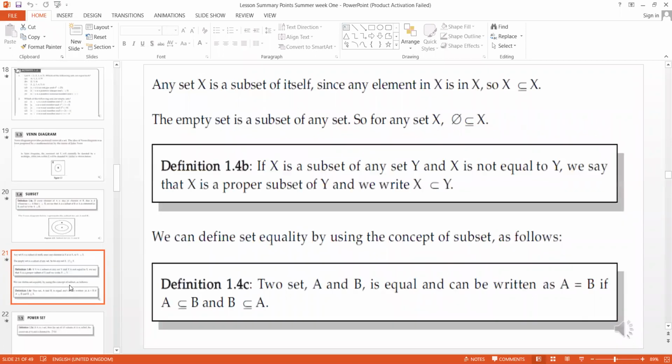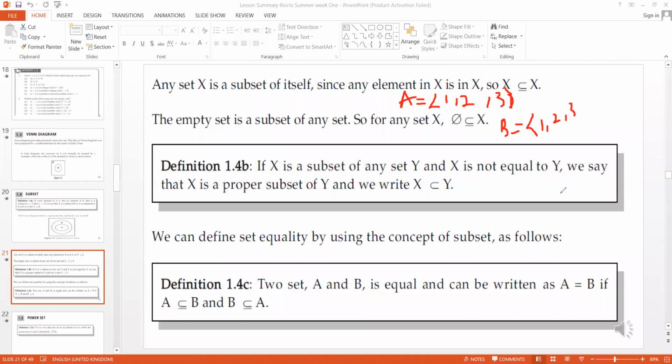Now, there are conditions where the set A can be equal to B. Let's say we have A as the set 1, 2, 3, and B also has the set 1, 2, 3.